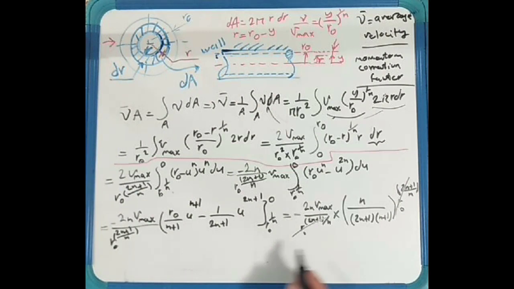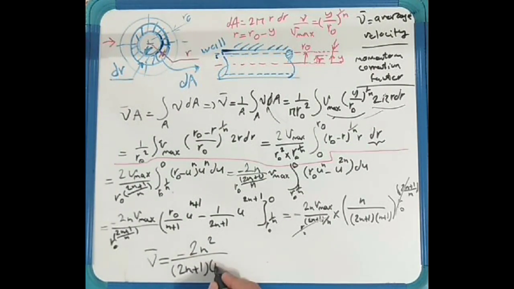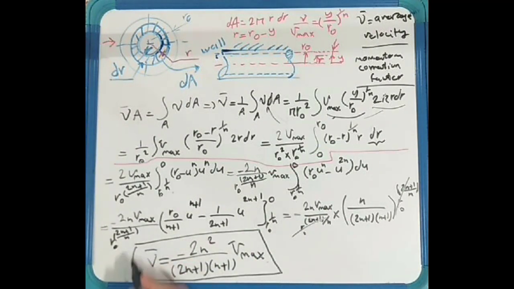Then I have V max equals minus 2n^2 over (2n plus 1)(n plus 1) V max. Okay, this was a solution for section 1 of the problem.